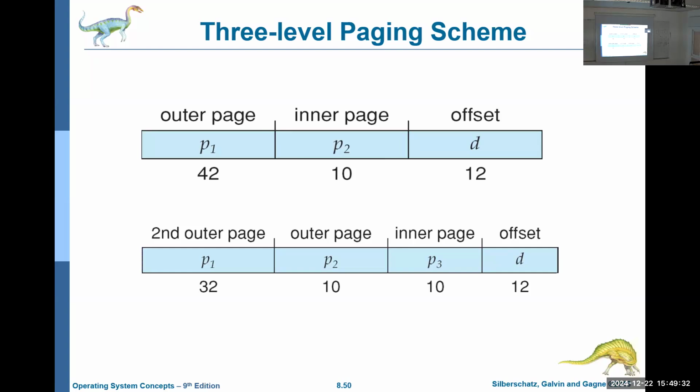Right? The beginning of each page has 12 zeros because the D is 12. So the next one is gonna be 1, 2, 3. When I get to 2 to the 13th, I'll go to the next page. And this will jump over here.